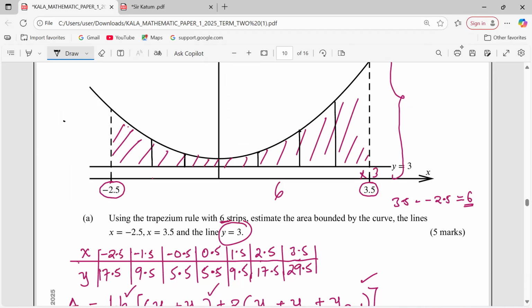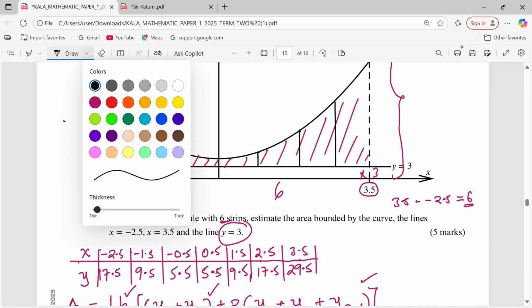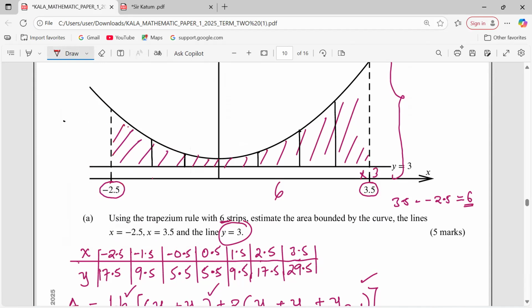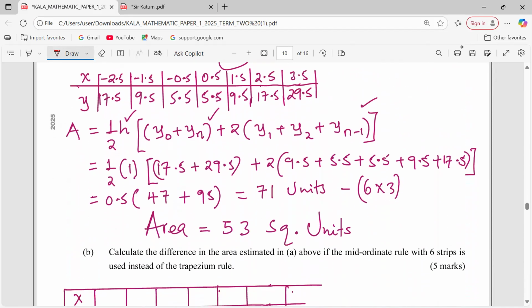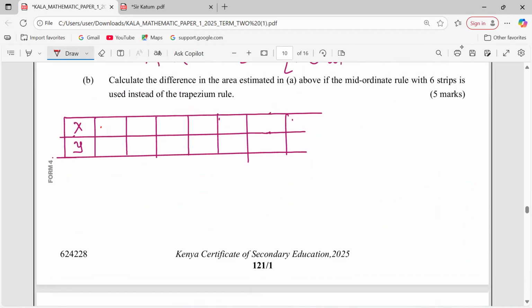Now we are focused on the middle heights of every strip. If it's between negative 2.5 and negative 1.5, we focus on the height at the middle. The average of negative 2.5 and negative 1.5 is negative 2, so the height at x equals negative 2.